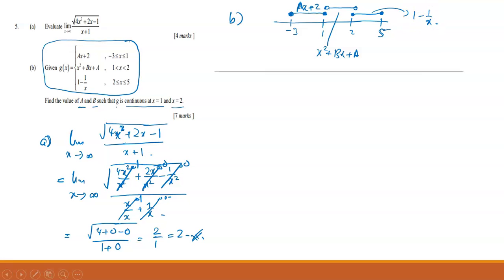Okay, so if it's continuous at x equal to 1 and x equal to 2, we're going to come up with the limit of x approaching 1 from left. I think I'm going to look at this first, okay, at 2.